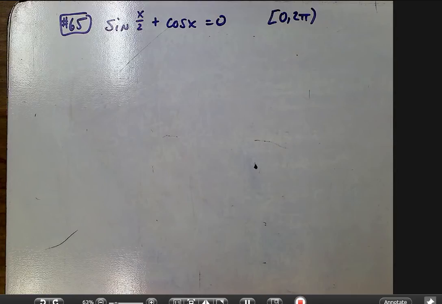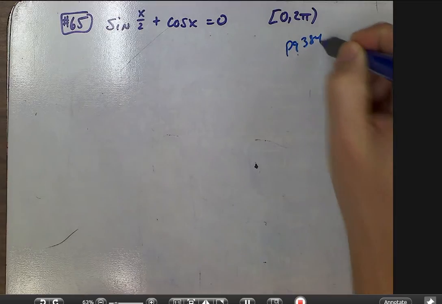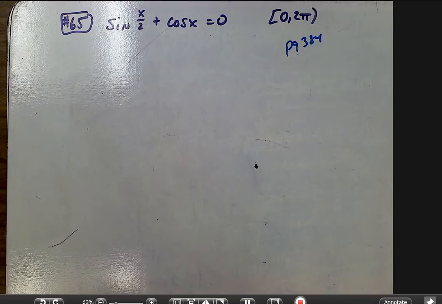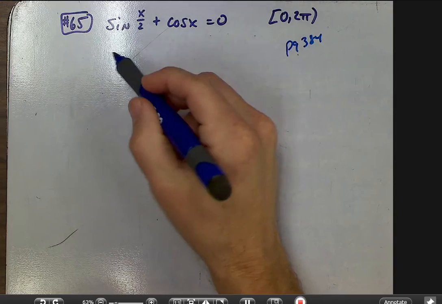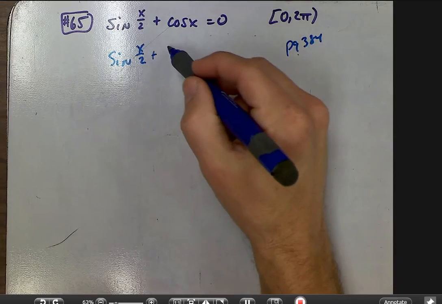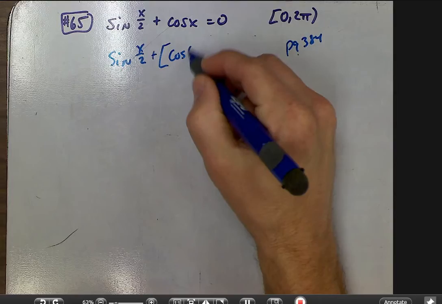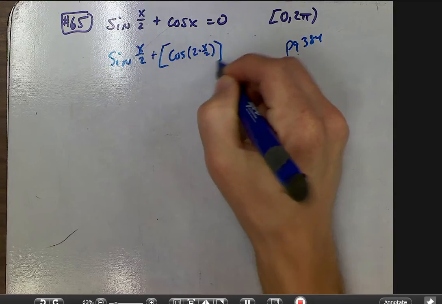Okay, this one's a little bit trickier, but if I look on page 384, I see that I can take the cosine of x, and instead of replacing that, I'm going to make this into the cosine of 2 times x over 2, like this.